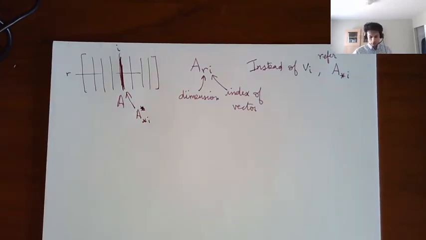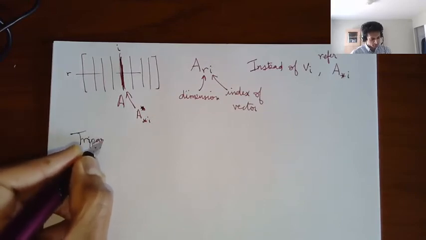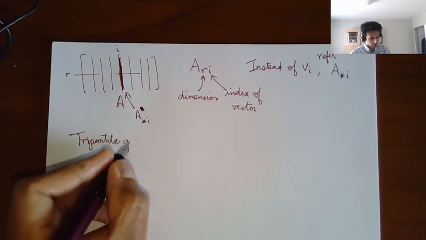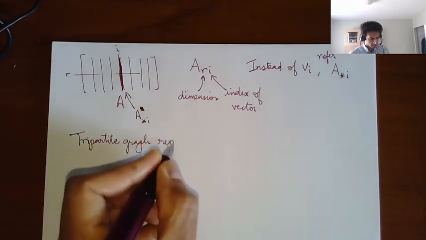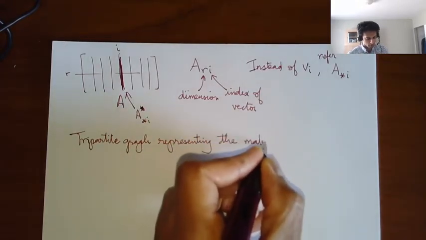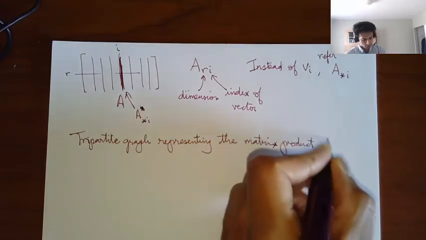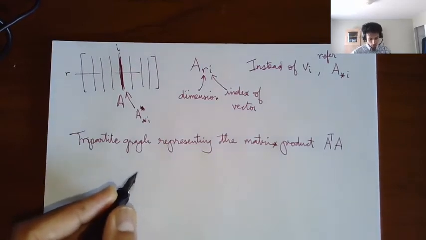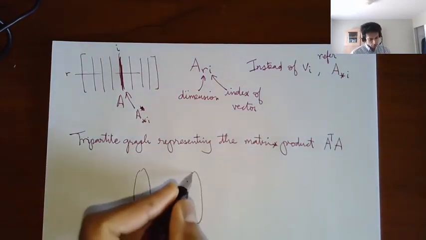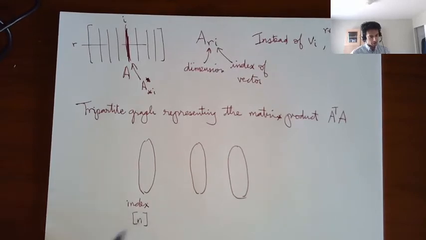So I'm going to describe sparse matrix multiplication, and the easiest way is to picture this in terms of a graph. I'm going to create a tripartite graph representing the matrix product A transpose A. Here, these are labeled with indices, an element in n, so there are n vectors.